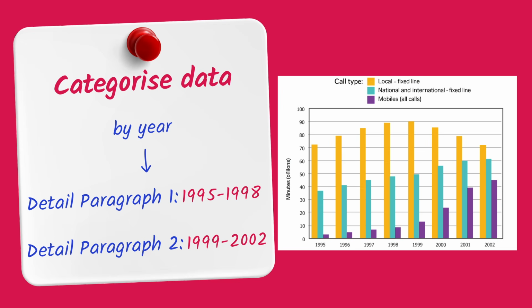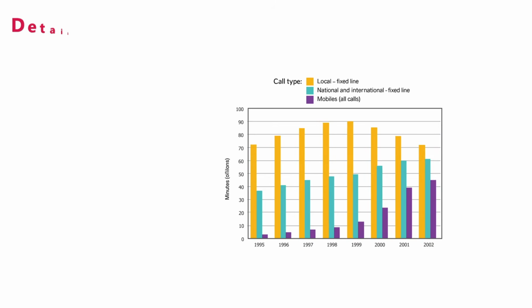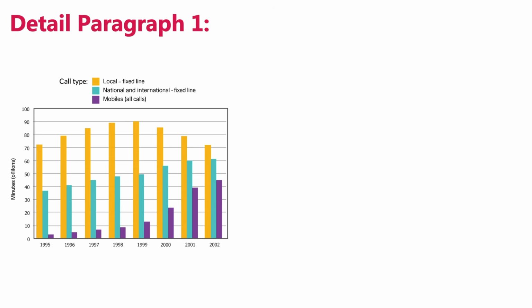And one thing which is important here is that for all three call types, there was an increase, right? All three. So this is very important. I put it in my first sentence here. Specifically, from 1995 to 1998, remember, if you want to categorize data based on the duration of time, you have to start your sentence.